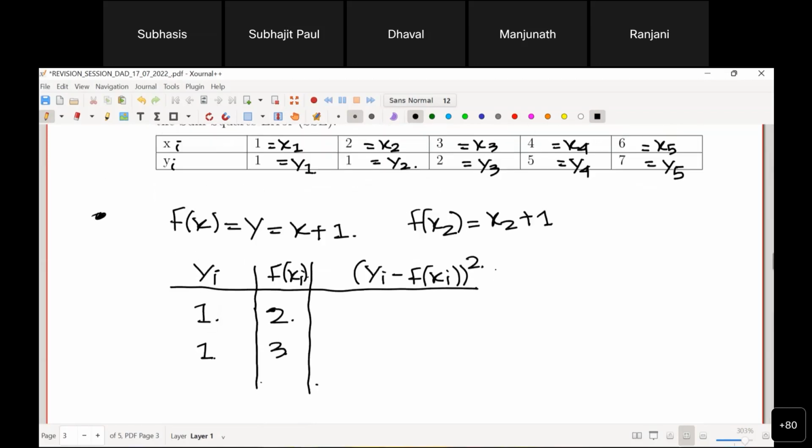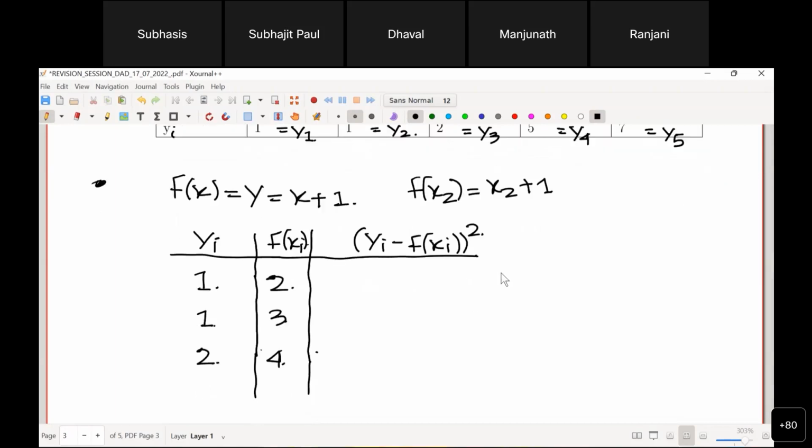And similarly, y3 is 2 and f of x3 is, I guess, 4, right? Next, y4 is 5, and f of x4 is also 5, right?